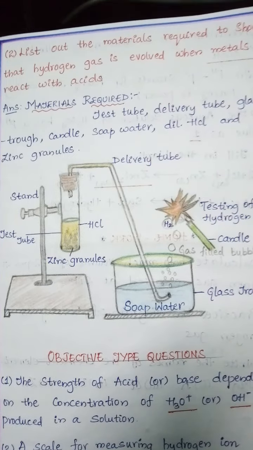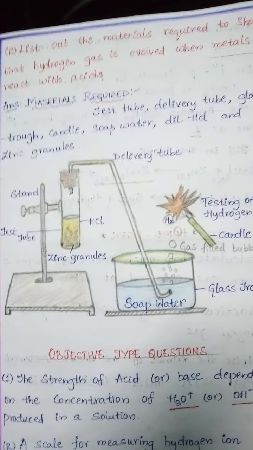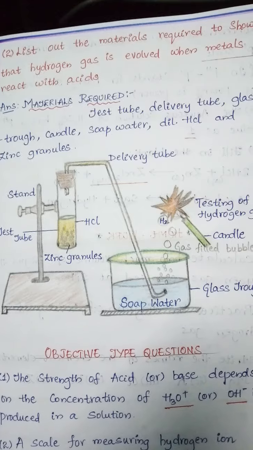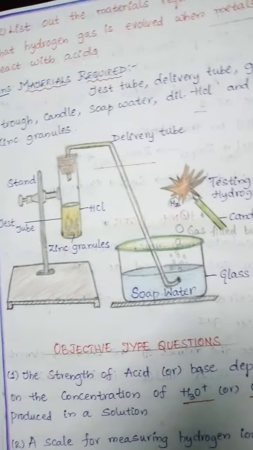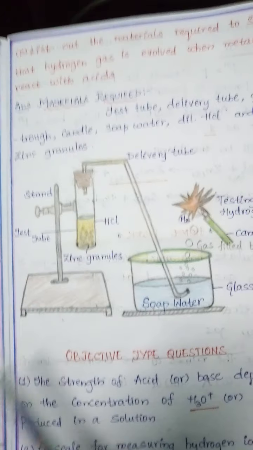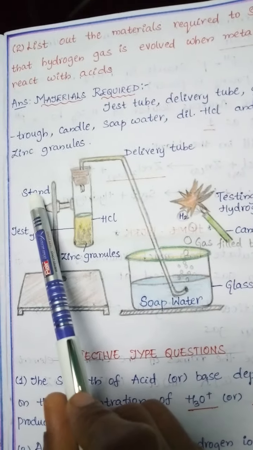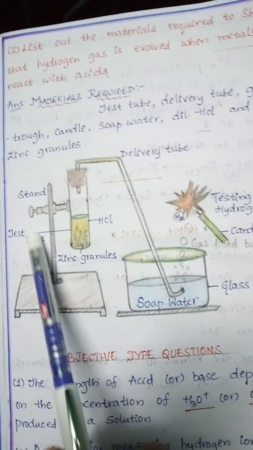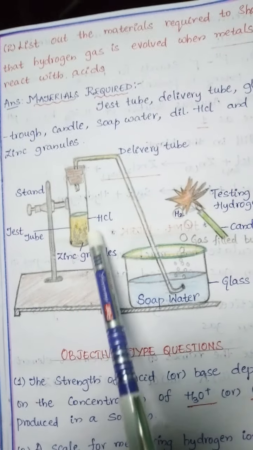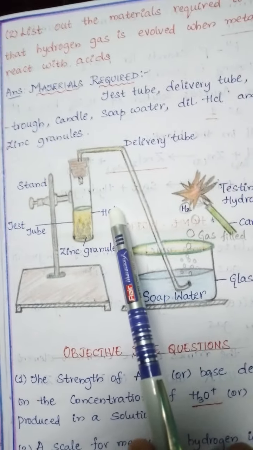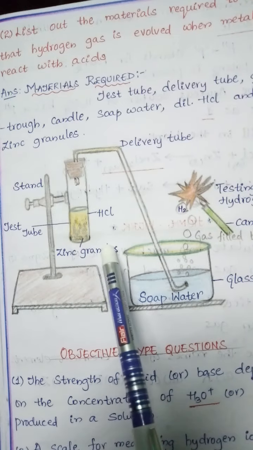Now students, if we move on to the second question: list out the materials required to show that hydrogen gas is evolved when metals react with acids. If we look at the figure, starting from the left, this is a retort stand, and at the bottom we have a test tube. This test tube consists of hydrochloric acid along with zinc granules.